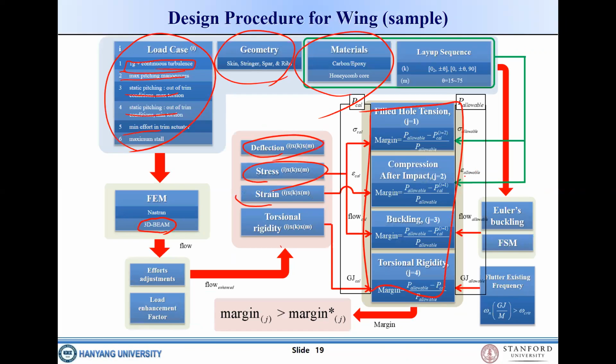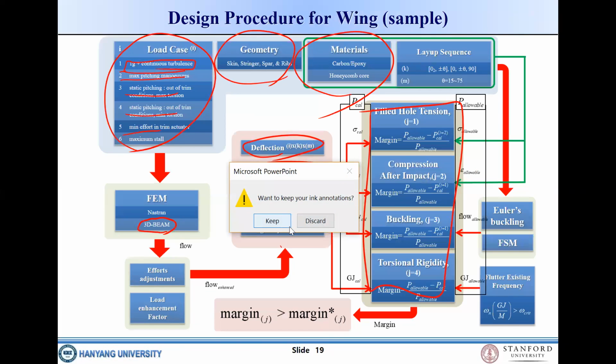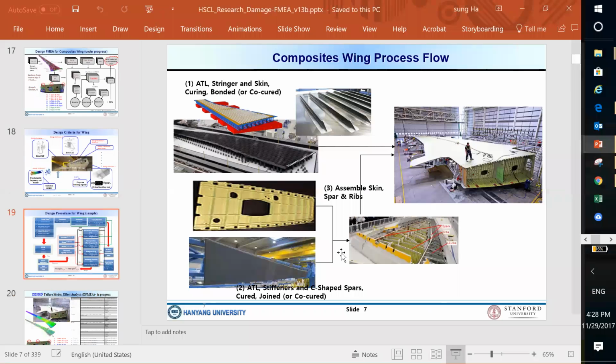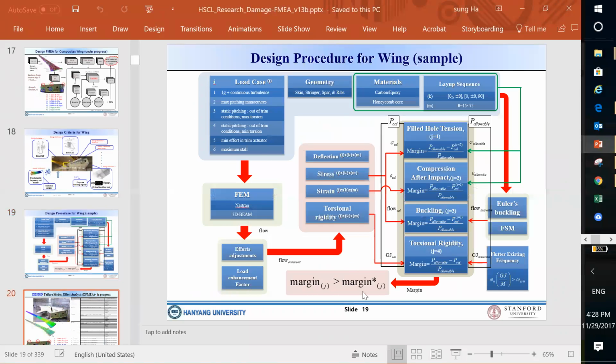And so these procedures, what you do, is pretty much the same as a practical design, okay? So that is one thing I want to emphasize. What you do is not just for your homework. It is really for real design.